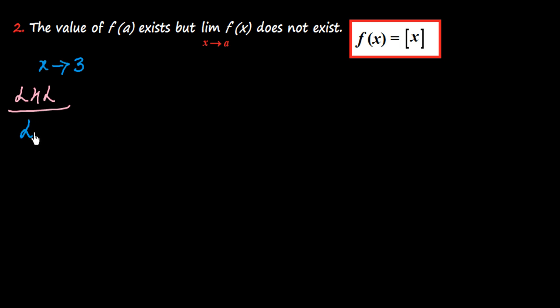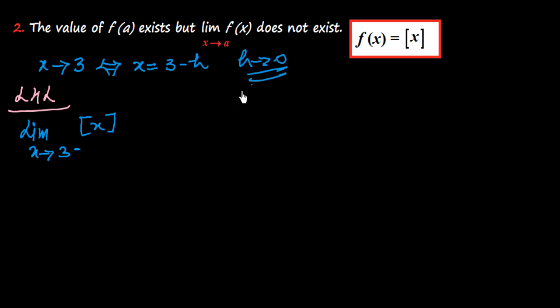Limit x tends to 3 from left side, greatest integer function of x. So here x is equal to 3 minus h. If x approaches 3, then h tends to 0.